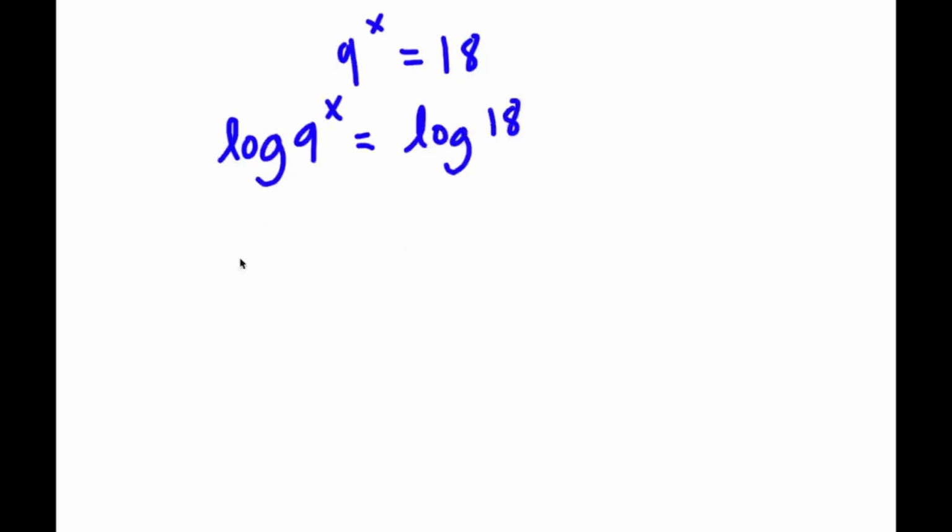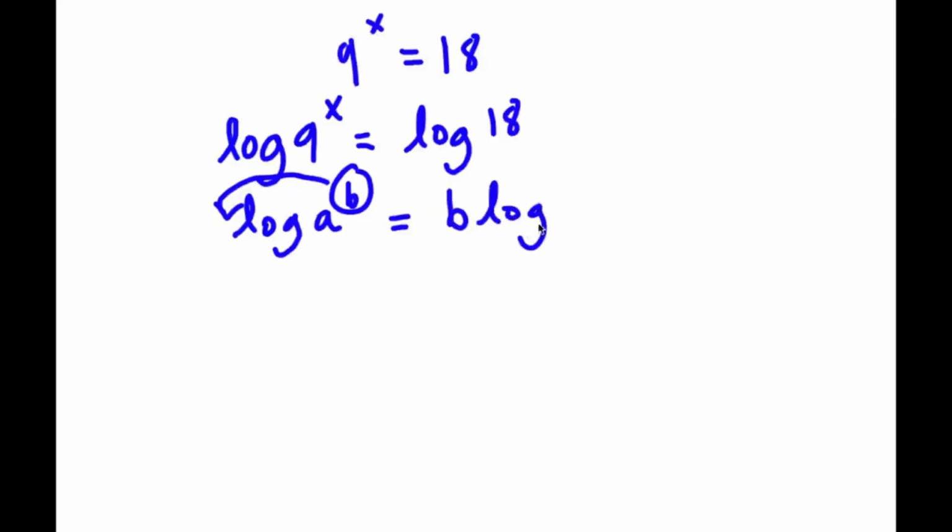Now, an important property of logarithms is that, let's say we have something in the form log a to the power of b. We can actually move this exponent b to the front of the logarithm. So this is going to equal b times log a.